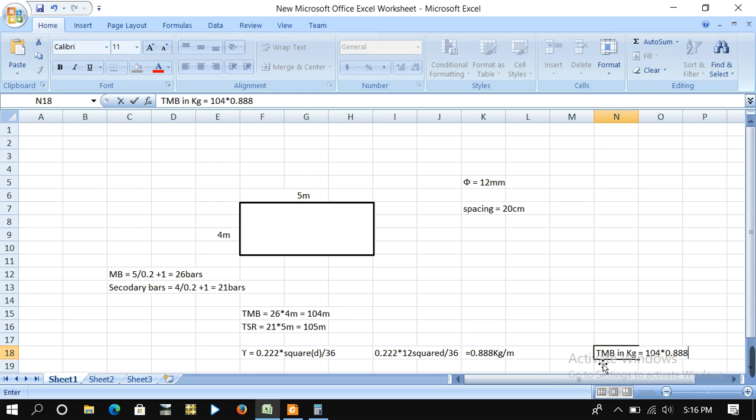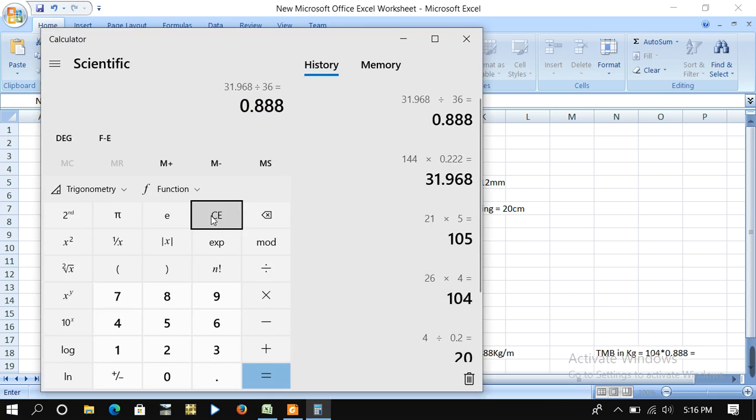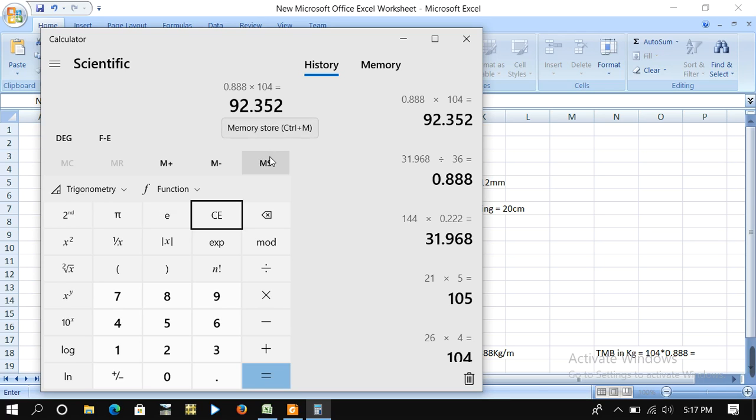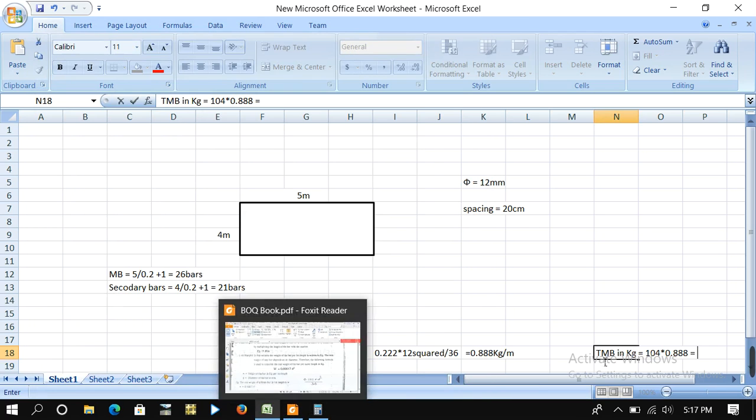How much? 92.352. So here we have 92.352 kg.